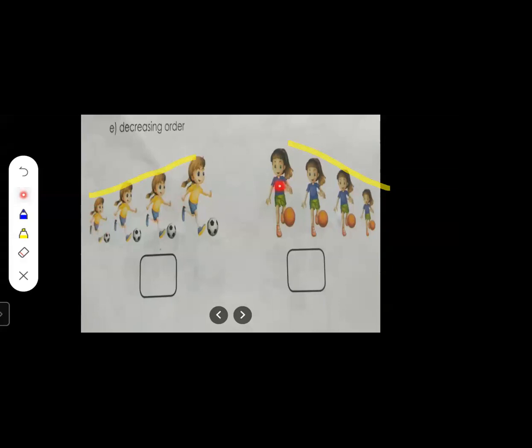Yeah, big to small. So for decreasing order, what I had told you, decreasing order means bigger to smaller. Bigger number to the smaller number. It is called decreasing order, right? So see, this one is small to big, but this one is big to small. So this one is decreasing order. So we are going to tick for this one. Okay. This is decreasing order.